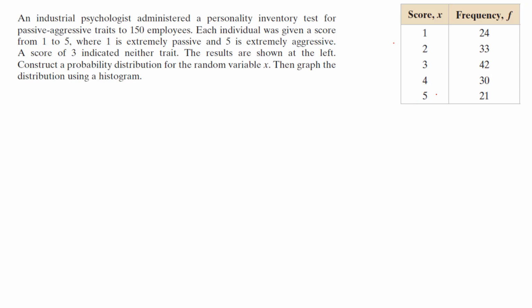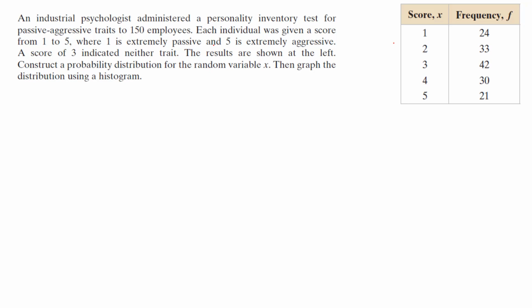Now we are interested in forming the probability for each random value. Please note that X is a discrete random variable because you can list X values right here. X can be 1, X can be 2, X can be 3, X can be 4, and X can be 5. So this is the definition of this survey.